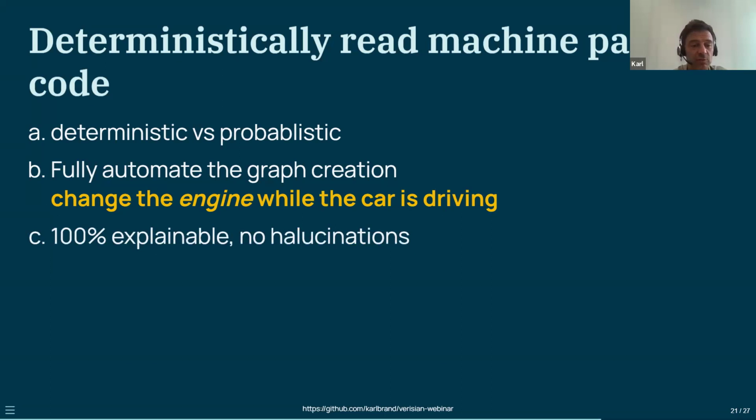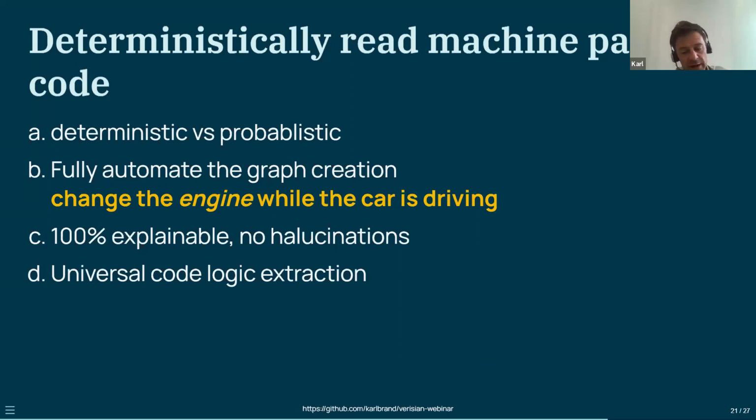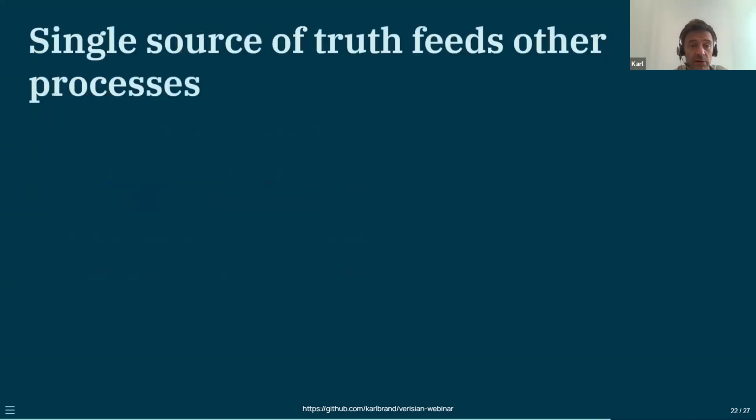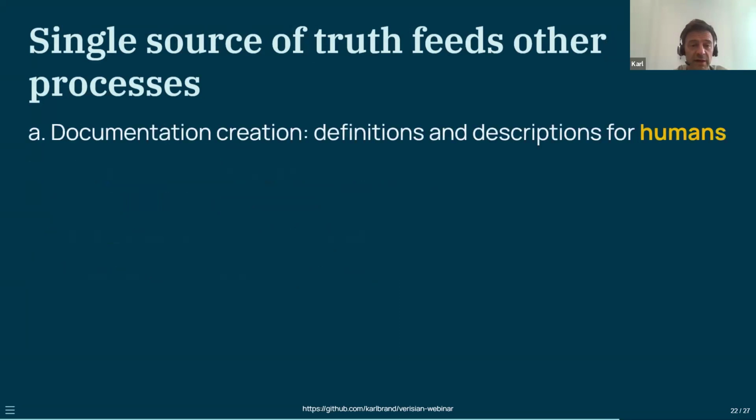Because it's deterministic, it's 100% explainable, and there are no hallucinations. And once we've extracted the universal logic from the code, then we also have a clear understanding of the logic, and this can be used for other processes. So this single source of truth, so to speak, can feed documentation creation, so definitions and descriptions for humans to read.